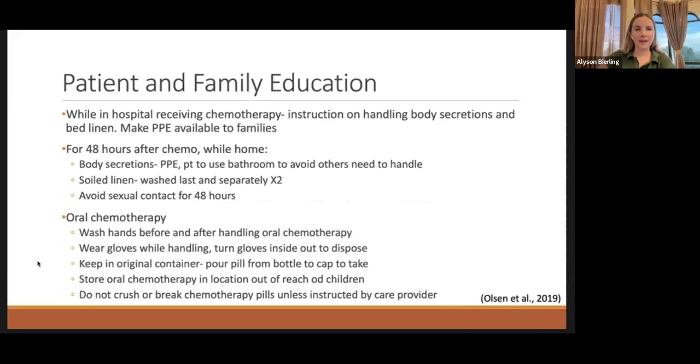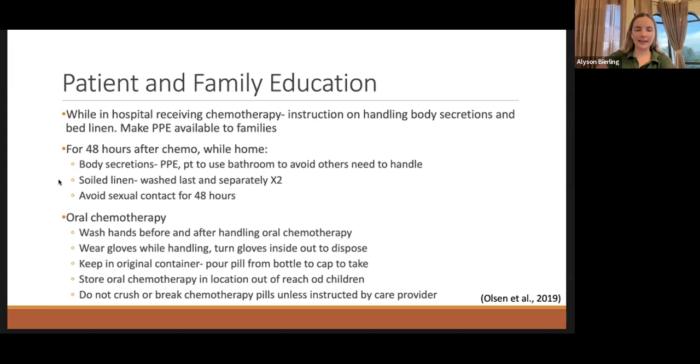So it's important that patients and their families are made aware of how to protect themselves from hazardous drugs. So we want to be providing patients with that information, and educate them on how to handle bodily fluids, as we discussed. Some general measures for patients that have received IV chemotherapy: when they're handling bodily secretions, they should use PPE at home, so gloves and a gown if available.